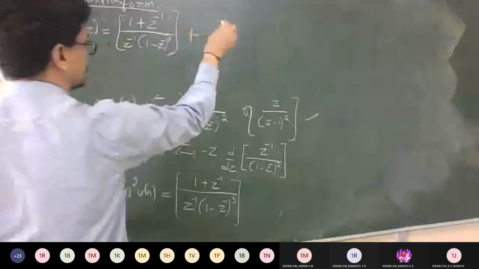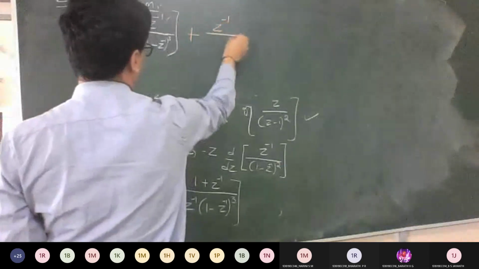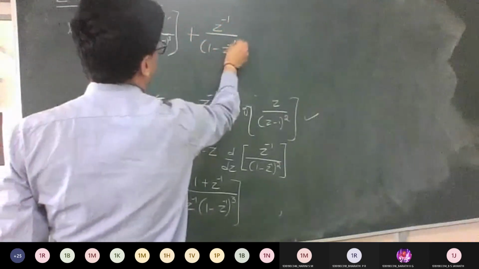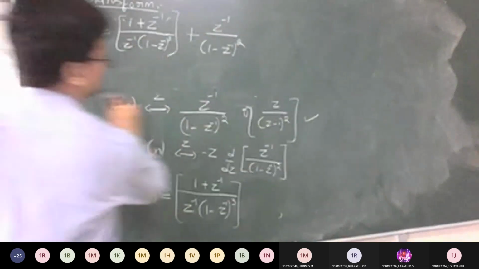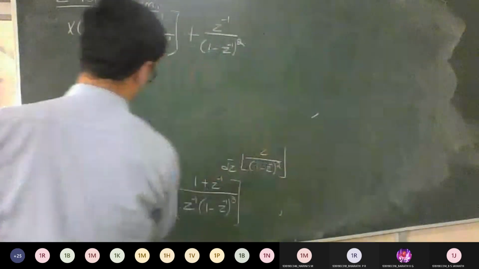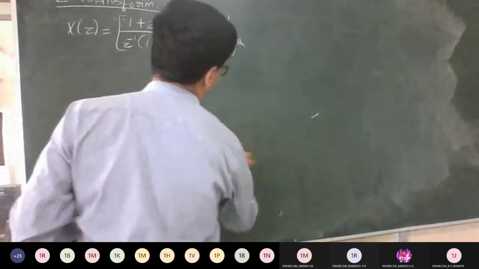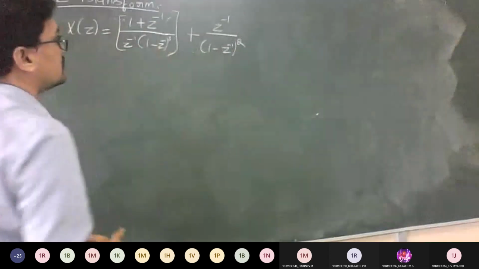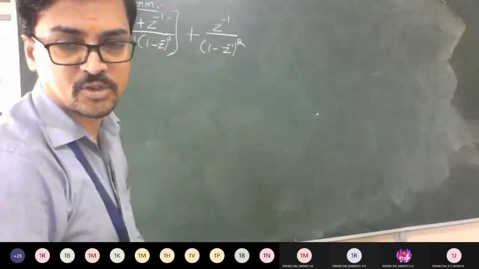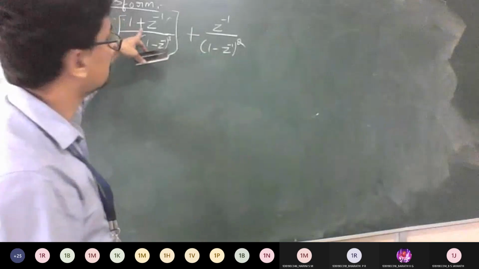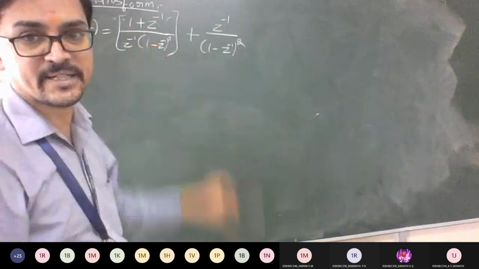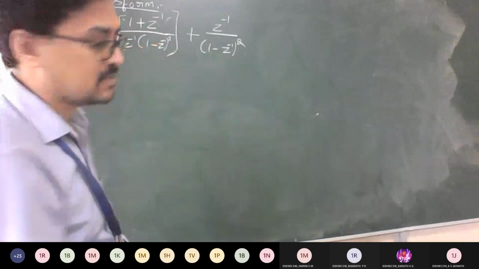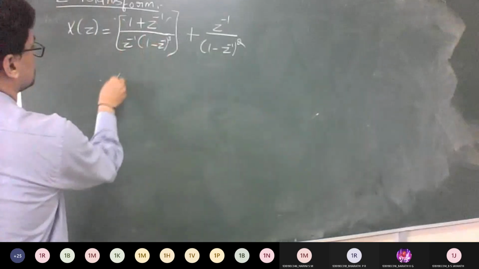So I need to add this with z raised to minus 1 divided by 1 minus z inverse whole square. Correct? Add this too. If you get confused with how to perform z inverse, convert that to 1 plus 1 by z, 1 by z into 1 by z. Everything you can make in z form and tell me what is the final answer.